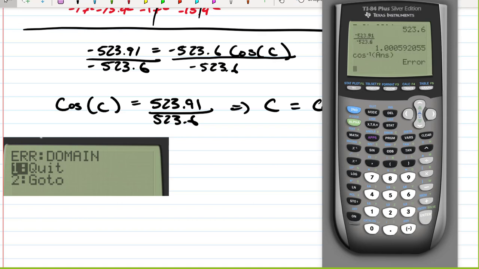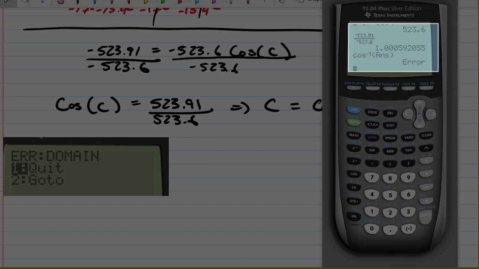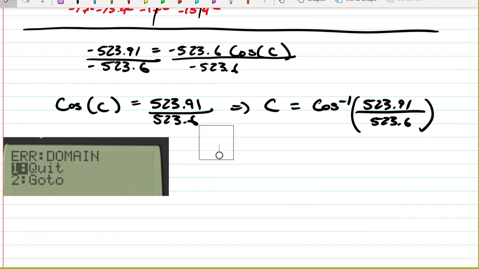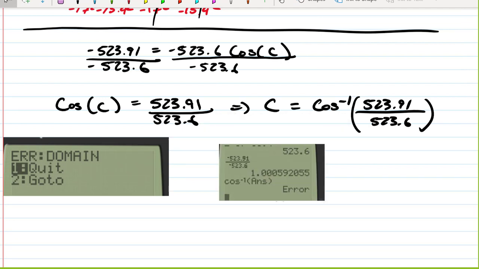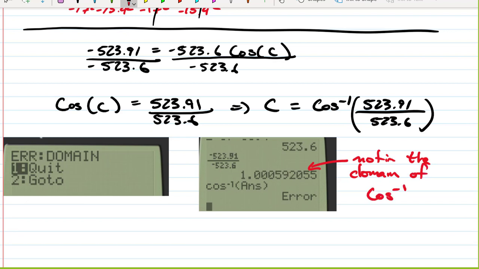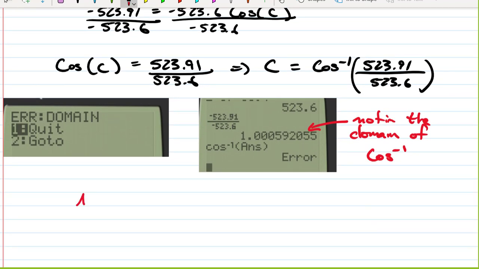So this is not in the domain. That's not in the domain of cosine inverse, so then no such triangle exists.